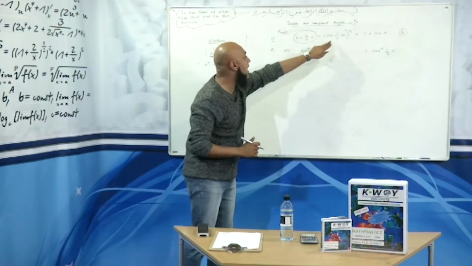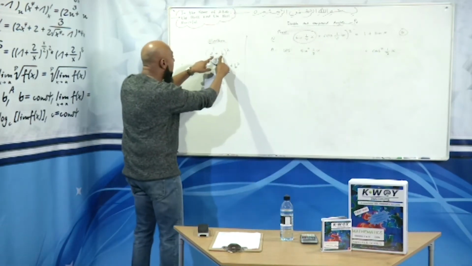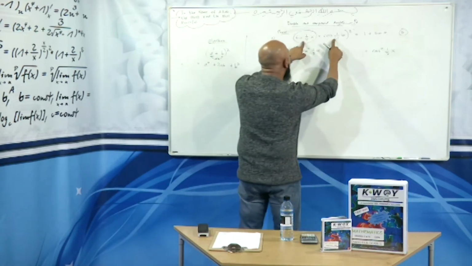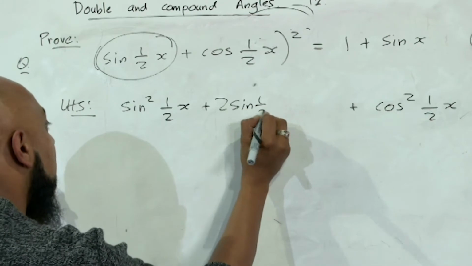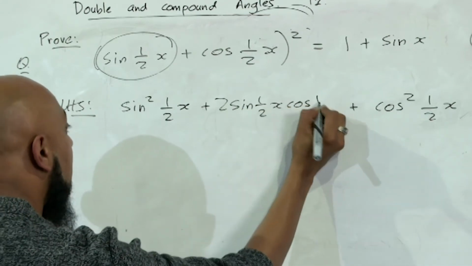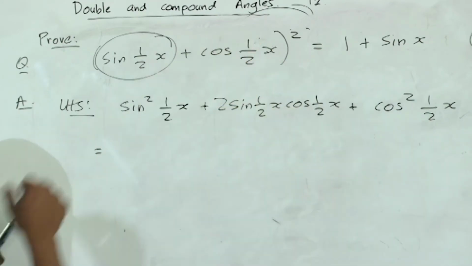We now need to get our middle term. So we multiply the two and times it by 2, plus 2 sine half x cos half x. There we go. Now, we've expanded the bracket.